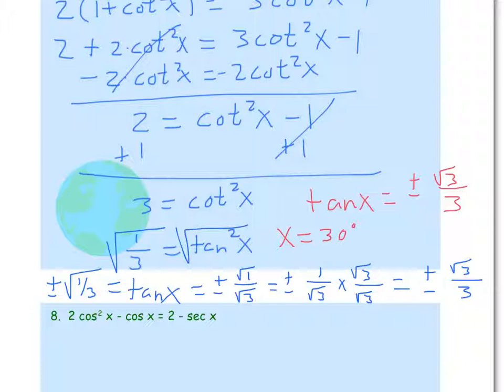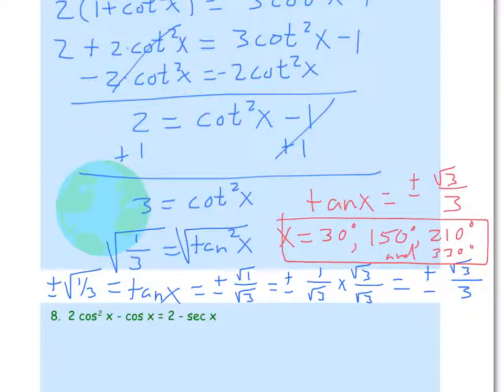It's a good idea to do it once and then just write those on there. 30 degrees has a tangent value of square root 3 over 3. 150, it's negative. 210, it's positive. And the very last solution would be 330. Those are your 4 angles that would satisfy the equation that we're looking at here.